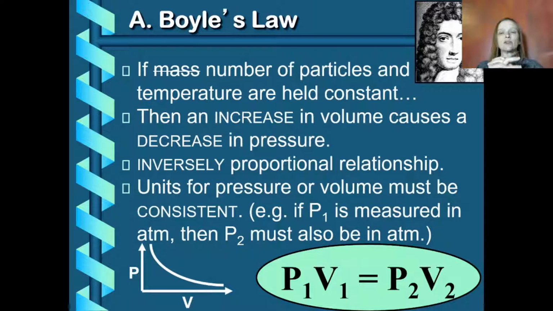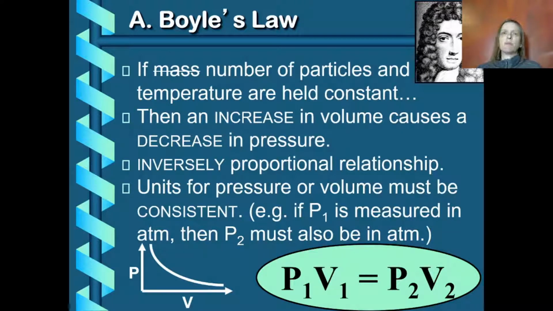This is an inversely proportional relationship. When one factor goes up, the other factor goes down. The units for pressure or volume, when you use this relationship, must be consistent. So if you measure the first pressure in atmospheres, then the second pressure must also be in atmospheres.